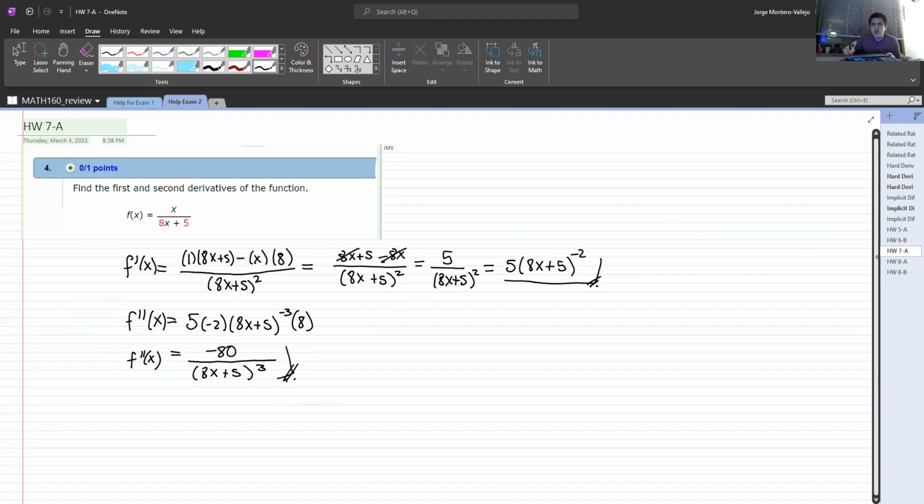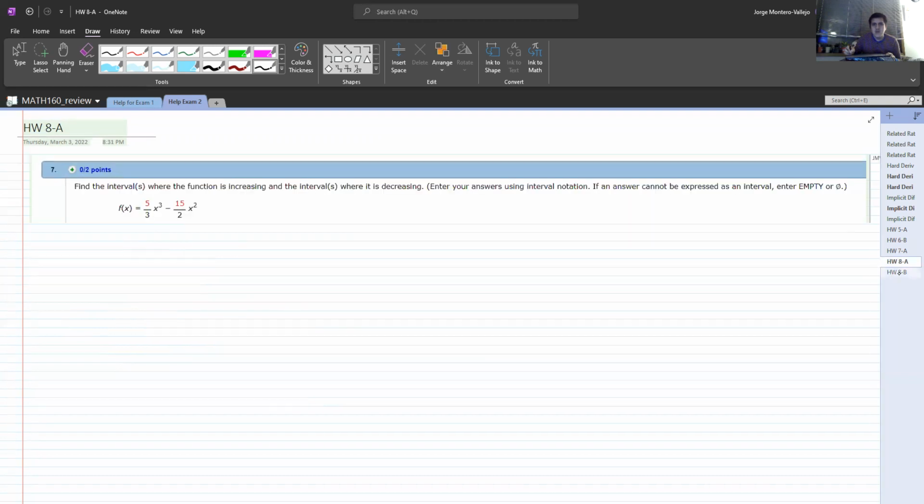Okay, now 8a and 8b. So these are two homework problems. I'm going to do 3 of them, and the reason why I chose them is so that you guys can see examples of me solving problems of the kind: given this function, find where it increases, find where it decreases, find the relative extrema for this function.